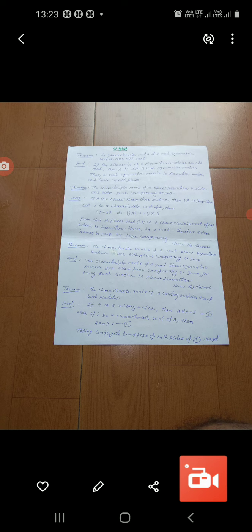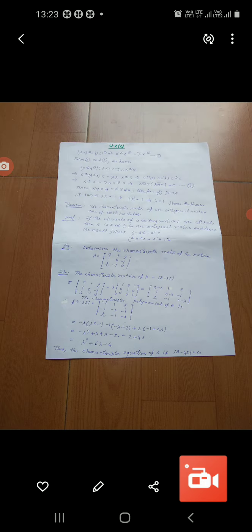Now we take the conjugate transpose of both sides of equation number 2, and then we get (Ax)^θ equals (lambda x)^θ, and this implies that x^θ A^θ equals lambda bar x^θ, and let it be equation number 3.